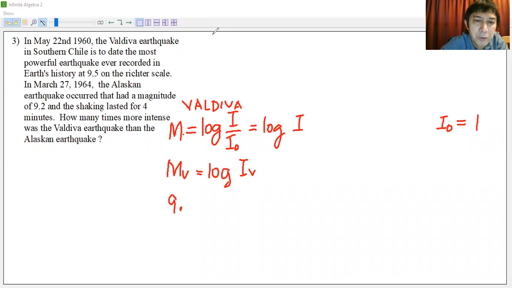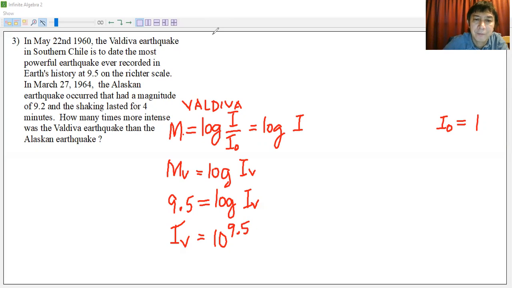So this is 9.5 equals log IV. Now this is base 10. That means if we write this in exponential form, this will be 10 raised to 9.5, which gives the IV. So using the exponential form, IV is just 10 raised to 9.5. So that gives us the intensity of the earthquake in Valdivia.